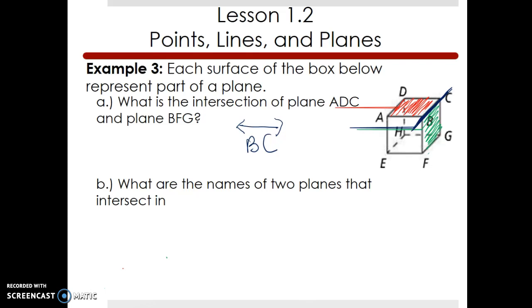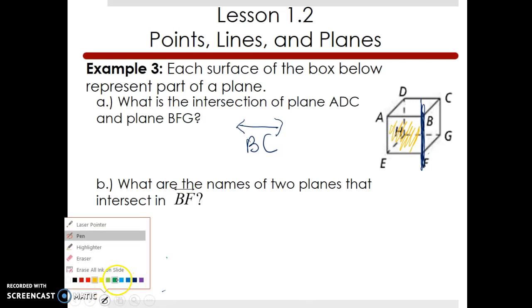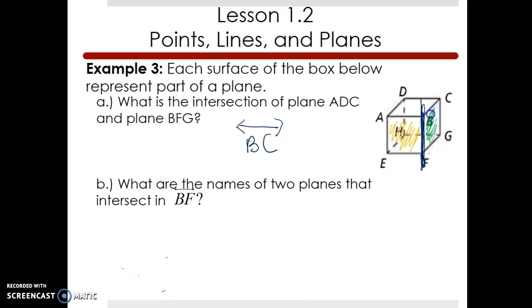The next question is, what are the names of 2 planes that intersect in BF? Okay, so let's just erase this. So BF is here. So what are the 2 planes connected where they intersect? So you have this plane right here, and you have this right here.